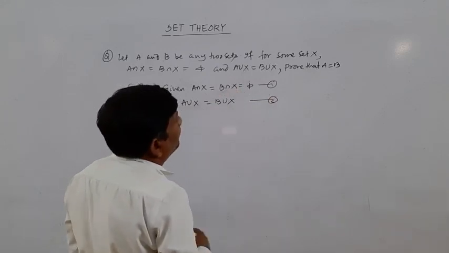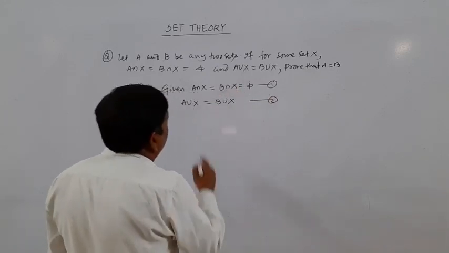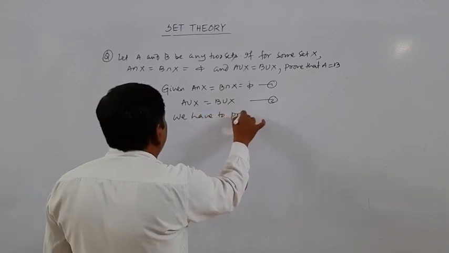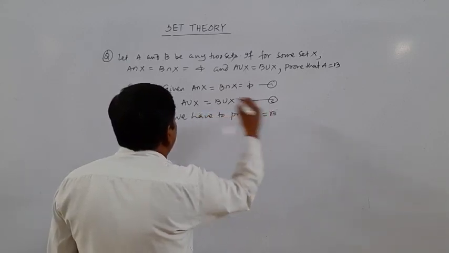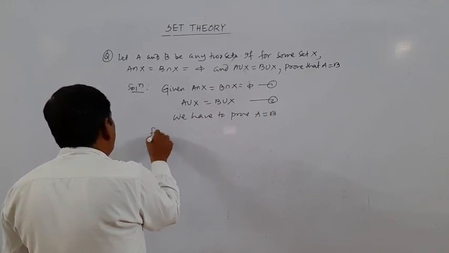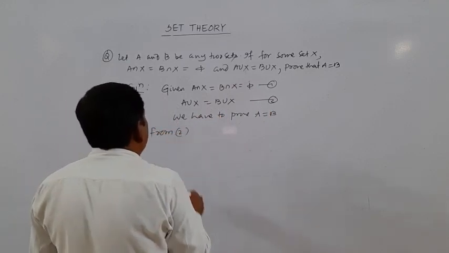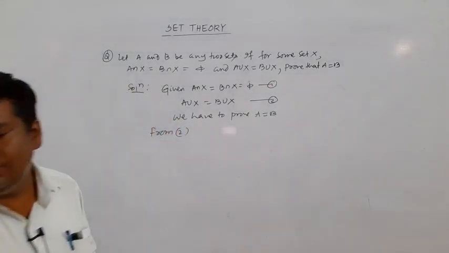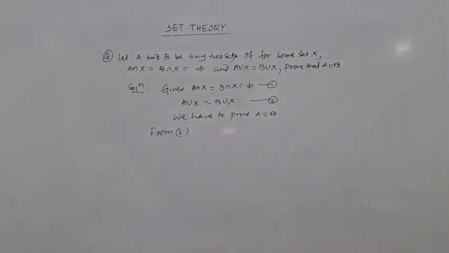We have to prove A is equal to B. From 2, that is, A union X is equal to B union X, taking both sides intersection A.